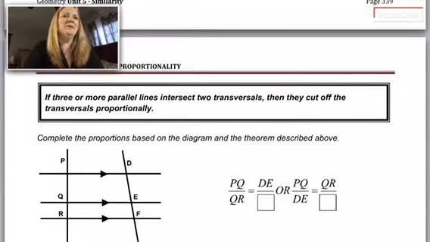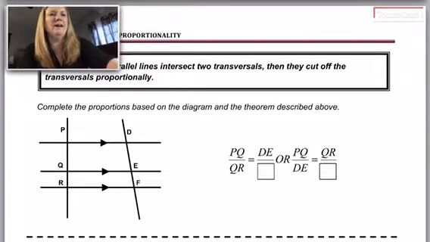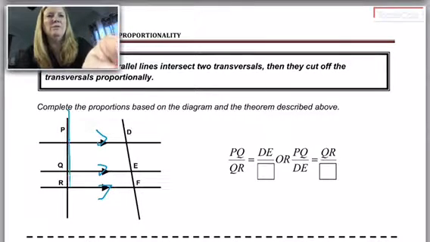If 3 or more parallel lines intersect 2 transversals, then they cut off the transversals proportionately. So here we have more than the 2 parallel, we have 3 parallel lines. And so the segments are cut off proportionally.